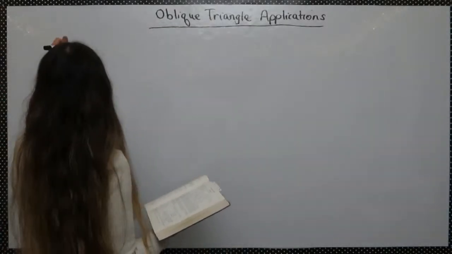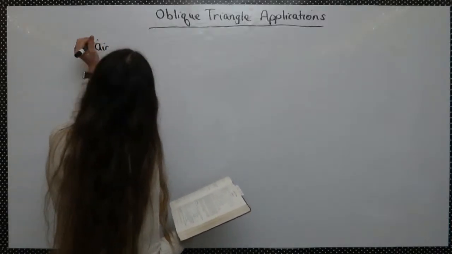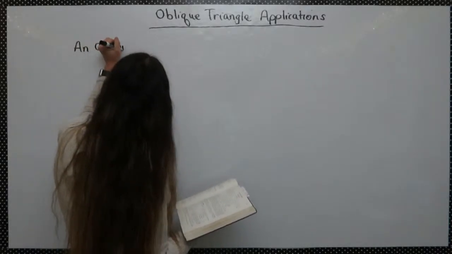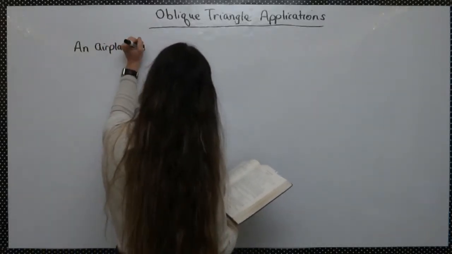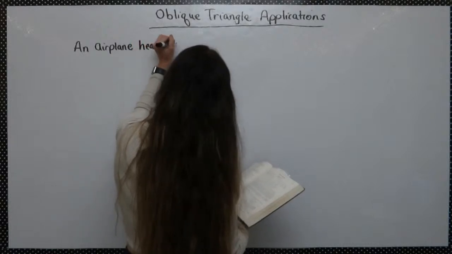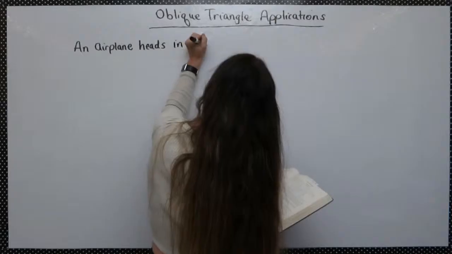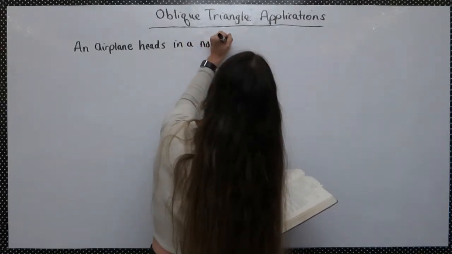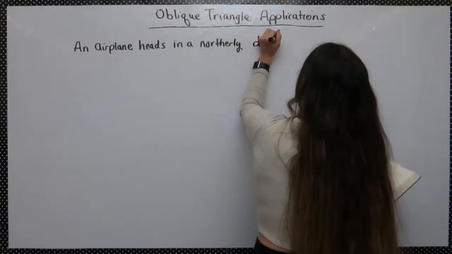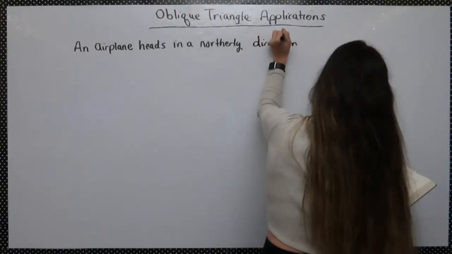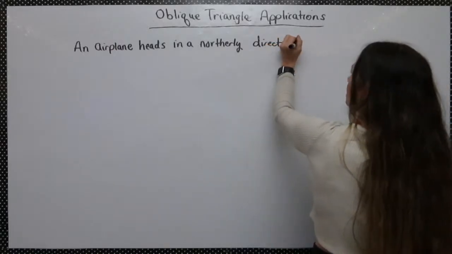So we've got an airplane, and it heads in the northerly direction at an airspeed of 300 miles per hour.